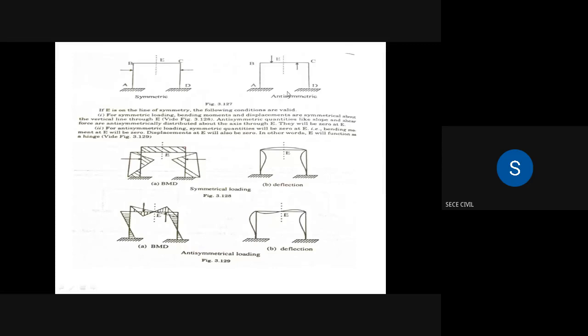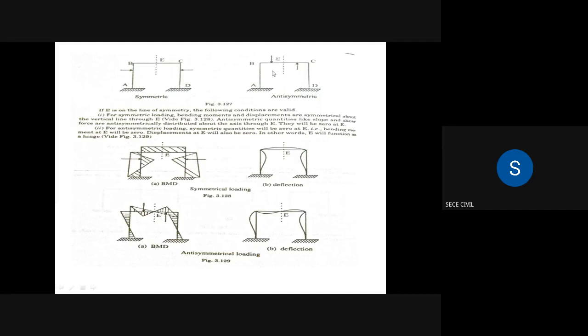See the next figure. It is also a three-member frame, A, B, B, C, C, D. The load is acting in the reverse direction. In member BC, E is the center point. We have a load there, for example we name it W1.